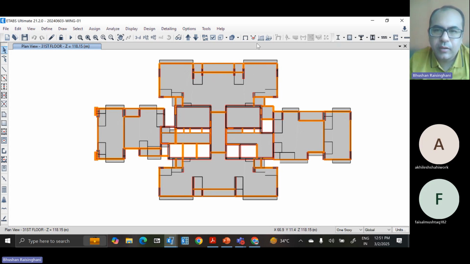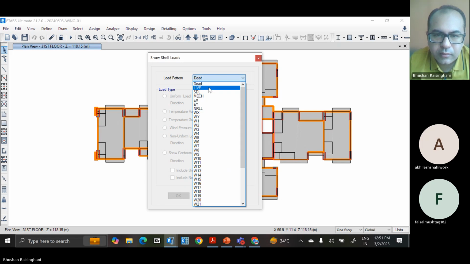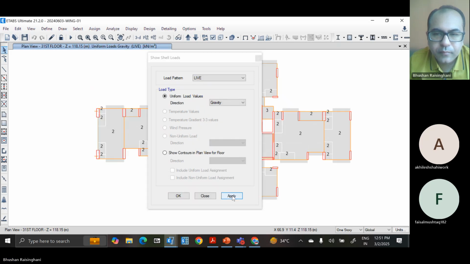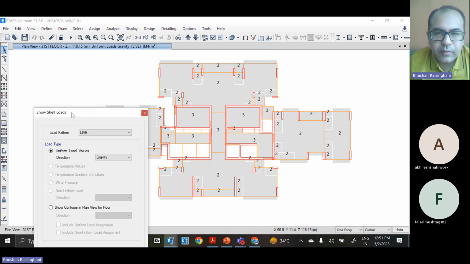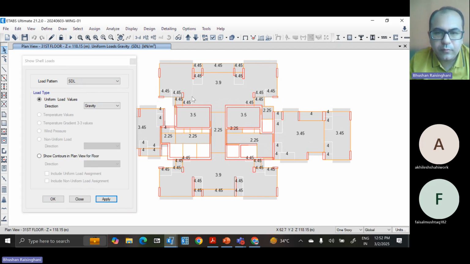And from that you can see the dead load and live load. So you can see everywhere 2 kilonewton per meter square live load is there. Super dead load is 4.45. So this is 3.5.